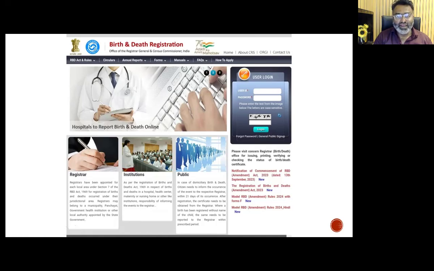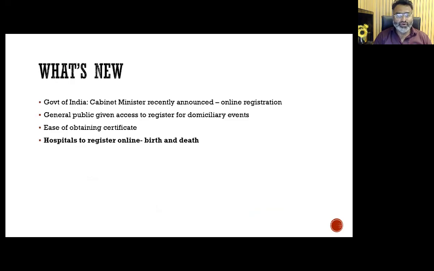This announcement came in the last week of October 2024, and this is seen on the website also: hospitals to report birth and death online. There you will get only one option by default, and it will be automatically coded once you enter it. This is to give the public access to register all the domiciliary events and for the ease of obtaining certificates. And hospitals are supposed to register all the births and deaths online.